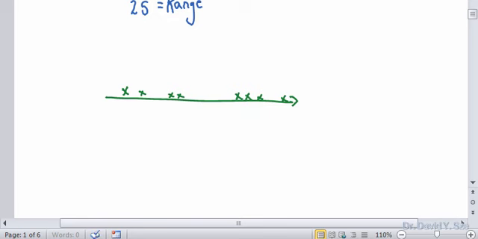We first calculate the mean, and let's say this is the mean. Of course, the mean is going to be someplace in the middle of all the data values. Then, for each data value, say this one, we look at the distance from the mean.